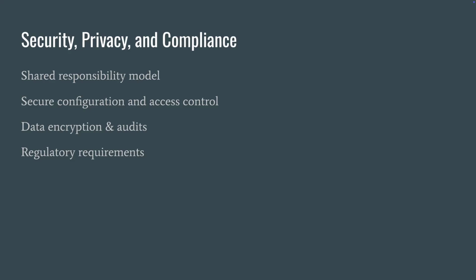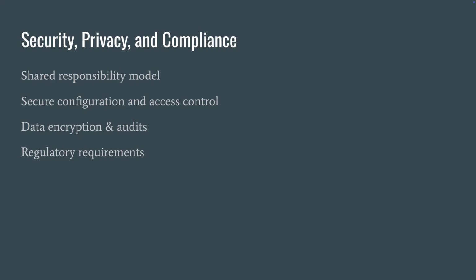Data encryption and audits: cloud providers offer tools for encryption at rest and in transit. For on-premises, you have to handle encryption yourself, and in both models, auditing capabilities help track and manage data access.